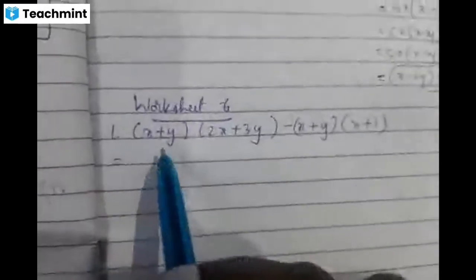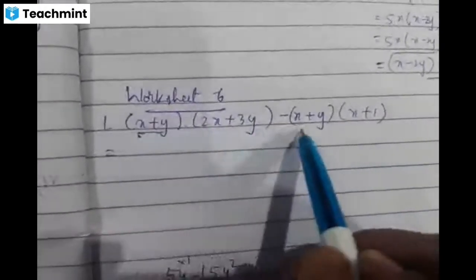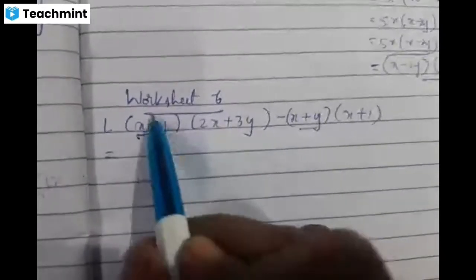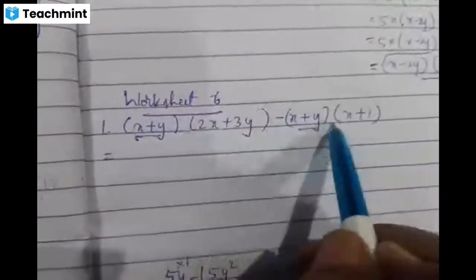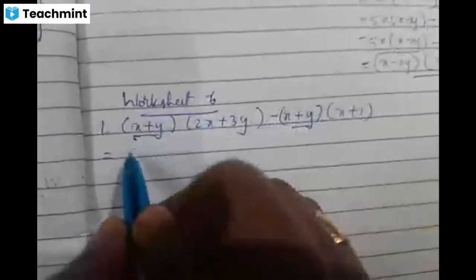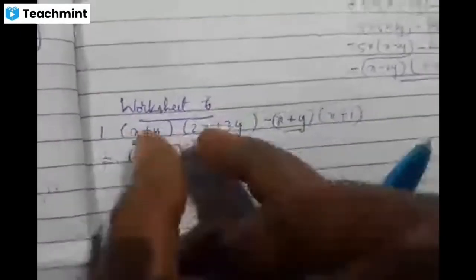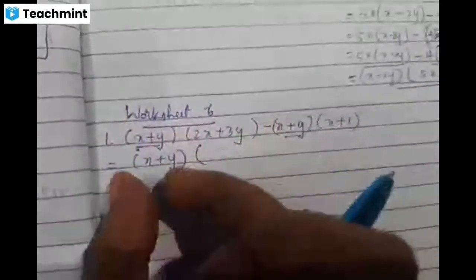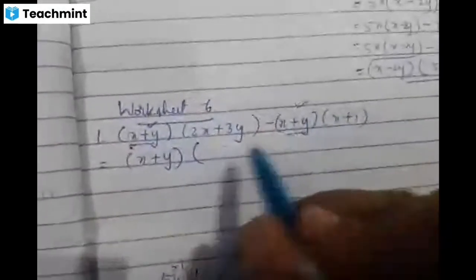Here, in this type of problems, we will have binomial as a common factor. If these are the two terms, children, this is one term and this is another term. In these two terms, we have binomial as a common term. So I keep it outside the brackets. So x plus y and x plus y will be written outside. This x plus y is common in both, no? So we keep it outside.